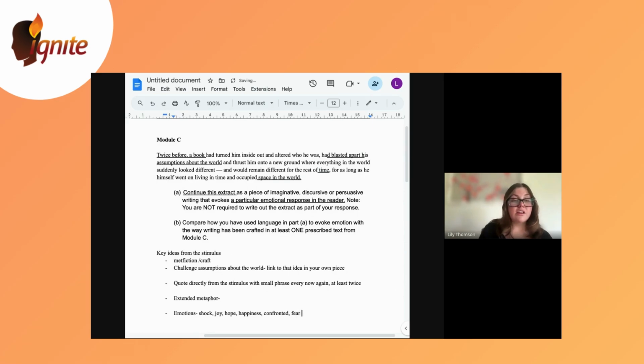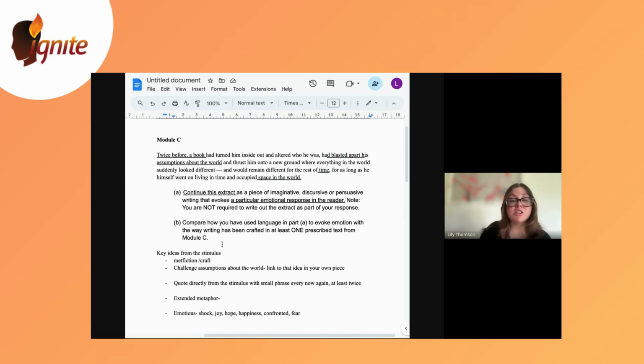If things are changing rapidly, you might feel that sense of fear. So linking your piece to one of those and having a really clear emotional response that you want the reader to feel from it, and probably referencing that and stating a particular emotion throughout would be really important to show the marker that you're really answering this question.